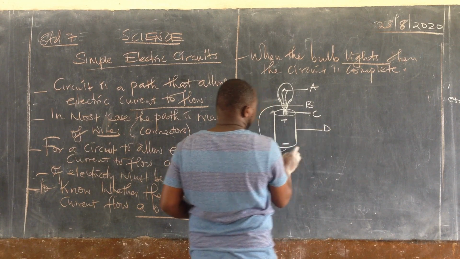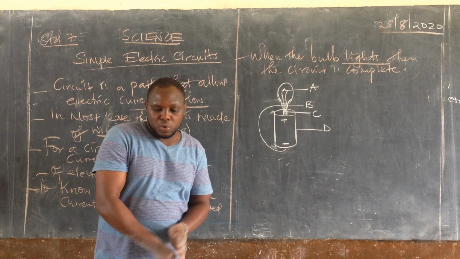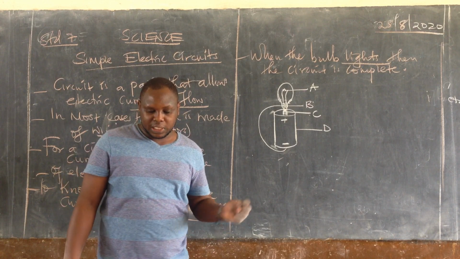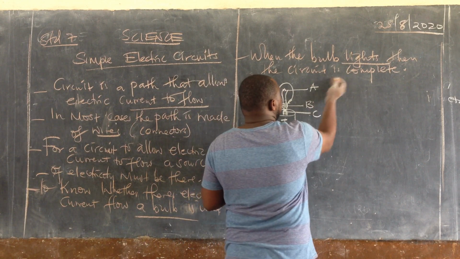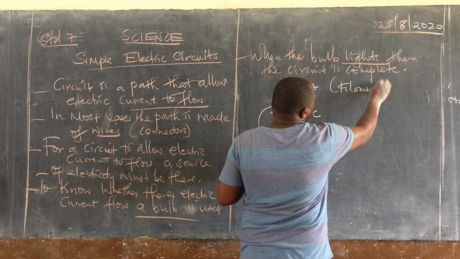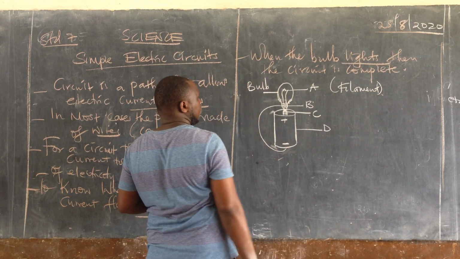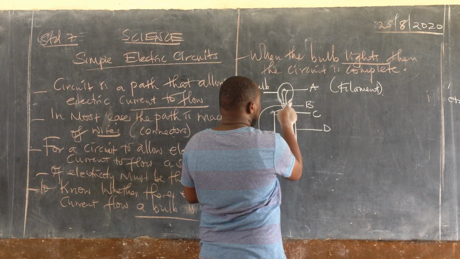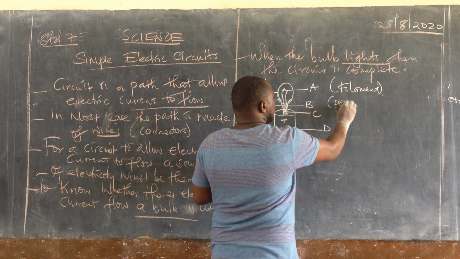So this is D. If you can label these parts, then we'll be well acquainted with what we're supposed to do. In this case, this is where we have the filament, and this is the bulb. Number 2, where we have B, is the positive part.